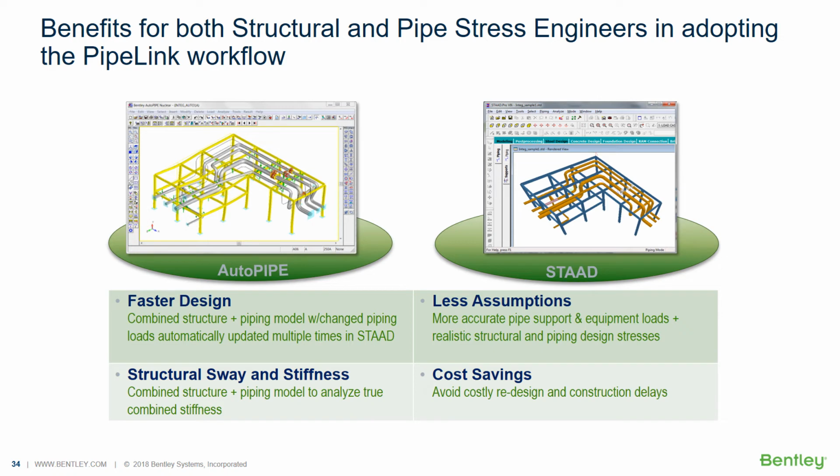Let's talk about benefits, and then I will go into AutoPIPE and just quickly show you the workflow that we've talked about. So benefits for both structural and pipe stress engineers in adopting the PipeLink workflow. The integration between AutoPIPE and STAAD that we talk about a lot, that I've gone through today and that Kareem will be going through on the STAAD side next week, it's the only one of its kind.